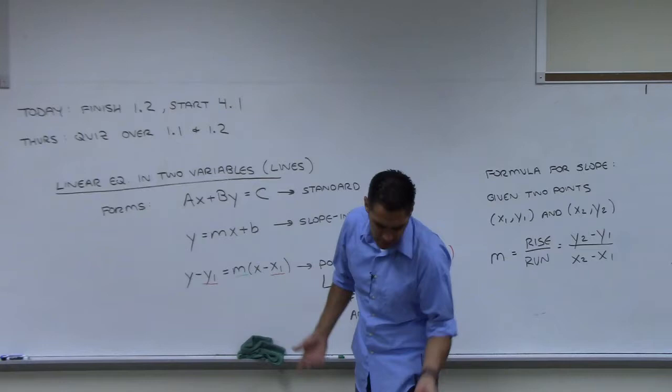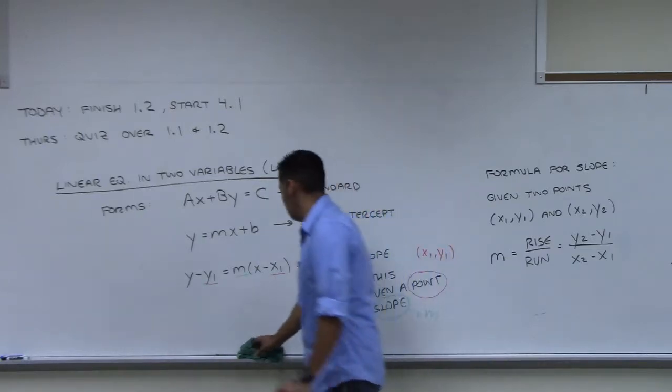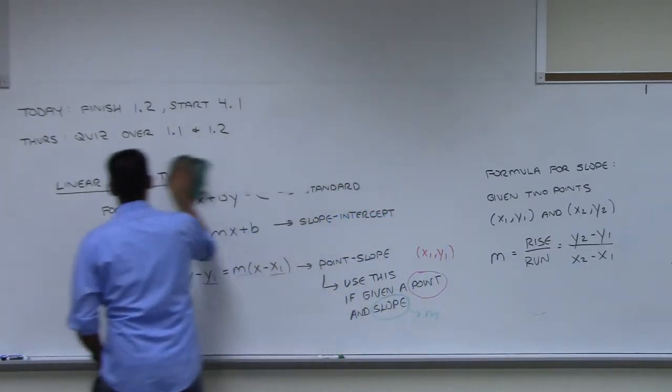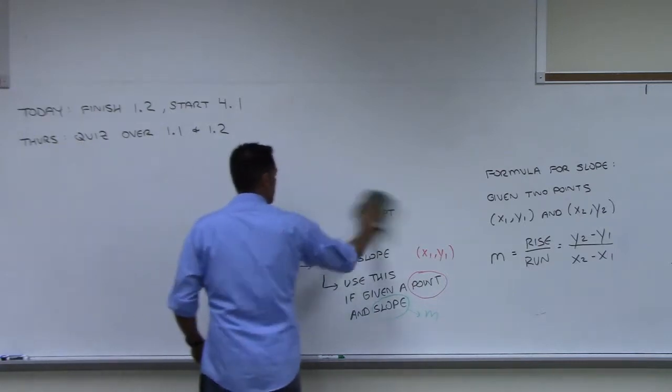All right, so let's do a problem where I give you a slope and a point, and we come up with a line, and then we'll graph it. Then we'll get to a word problem.